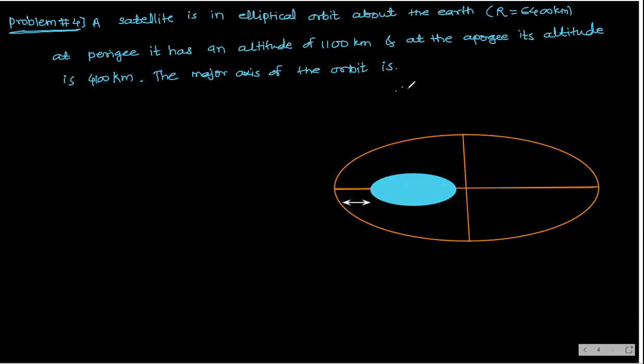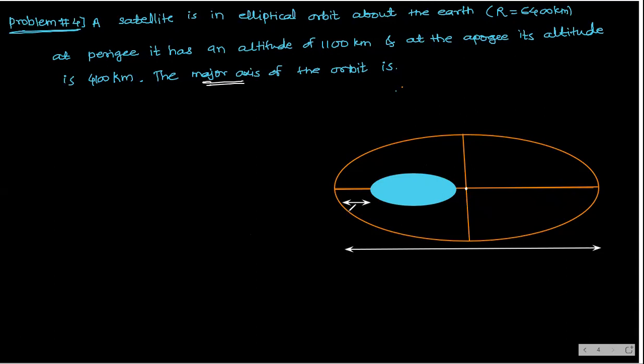Now see here, he is asking major axis. Major axis means this complete part he is asking. Understand? Now what he has given, this is given.